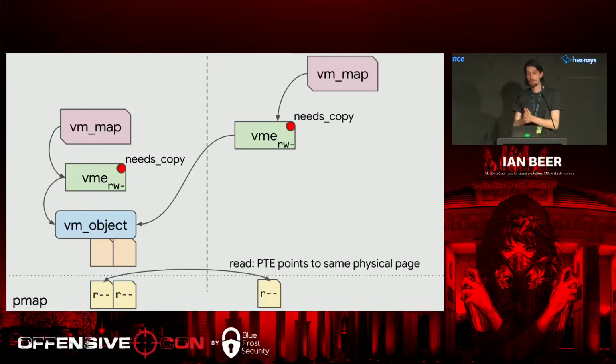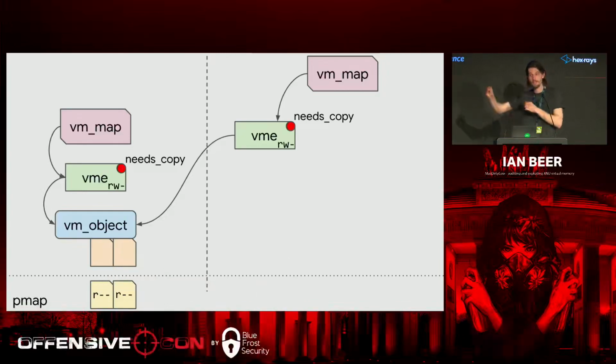So first we'll look at what happens when the task on the right wants to simply read through that copy-on-write copy of the VM object. Well, in that case, there's not actually that much that needs to happen. The task on the right doesn't have any entries in its page table prior to this.